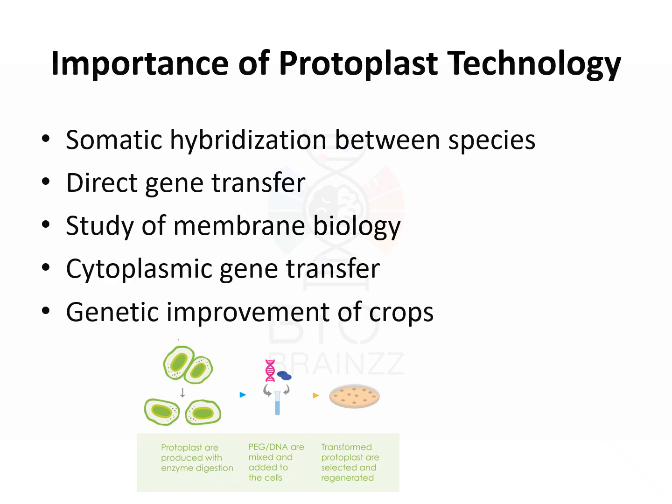Scientists can introduce foreign DNA directly into protoplasts and study gene expression. Protoplast technology has therefore become an essential tool for crop improvement, genetic engineering, and fundamental research in plant cell biology.